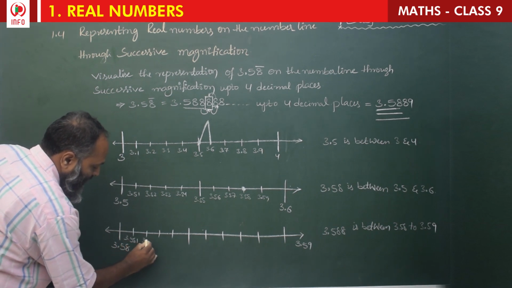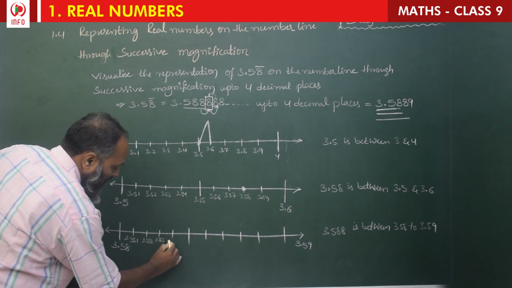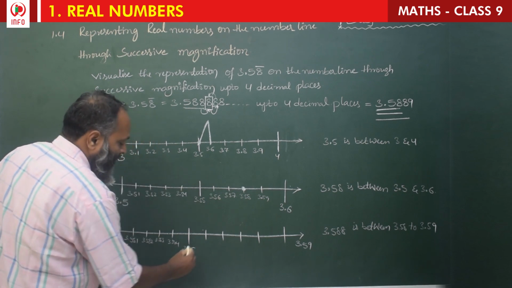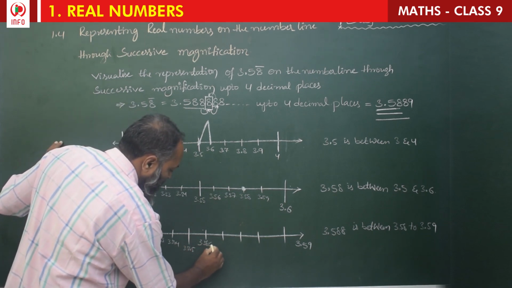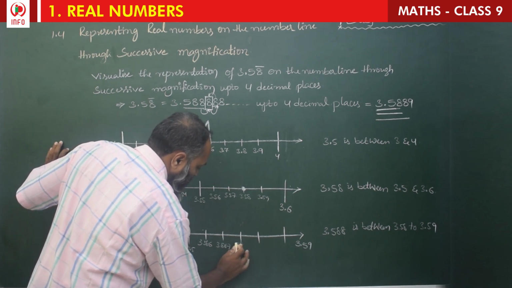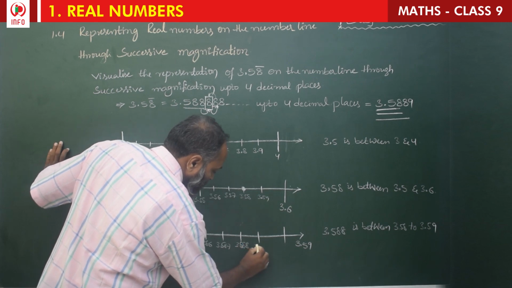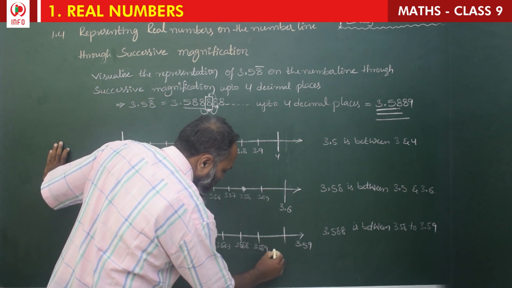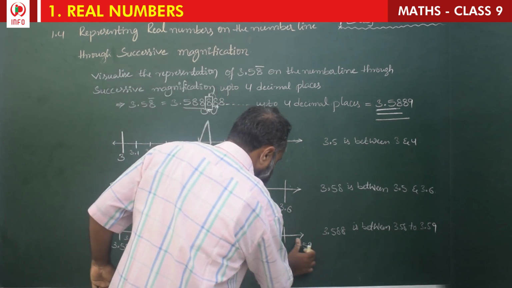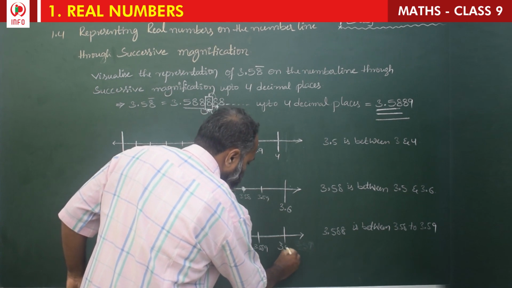So 3.581, 3.582, 3.583, 3.584, 3.585, 3.586, 3.587, 3.588, 3.589, then after that 3.590.